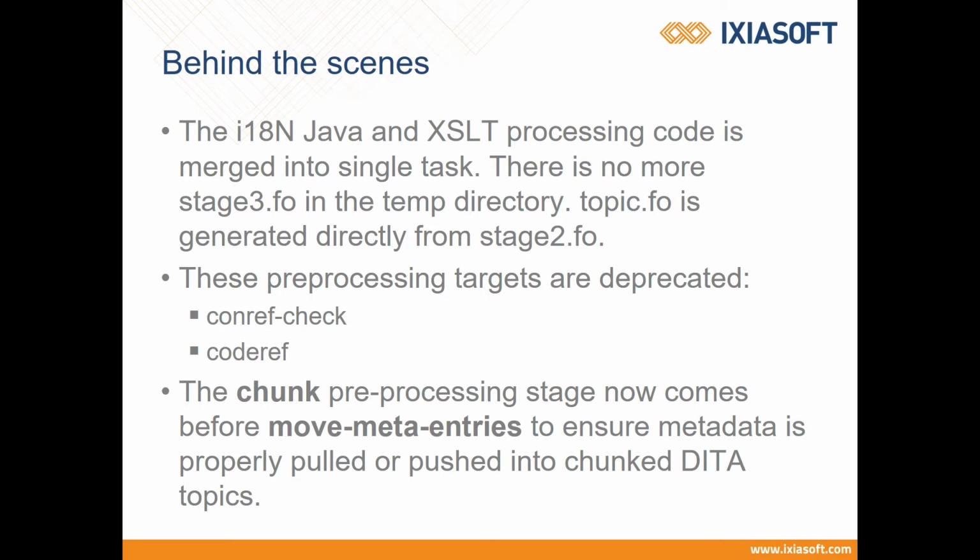And those two targets I list there are deprecated. And one pre-processing change that was made was that chunk comes before move meta entries. So if by chance you have anything in your plugin or your pre-processing that depends upon the old order, you may need to refactor that to reflect the new order.